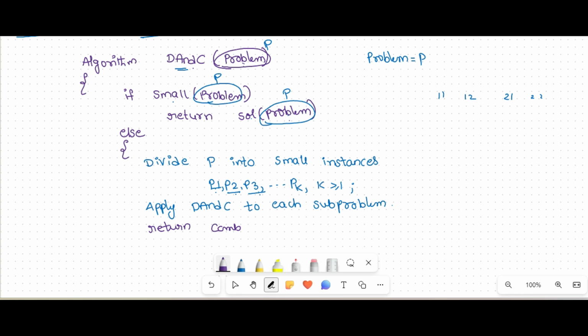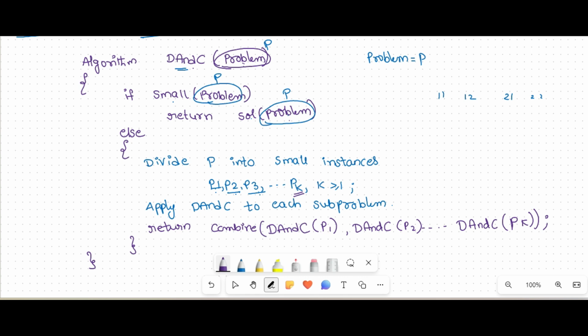Return combine of divide and conquer of P1, divide and conquer of P2, and so on, up to Pk. Close this else, and close this algorithm.